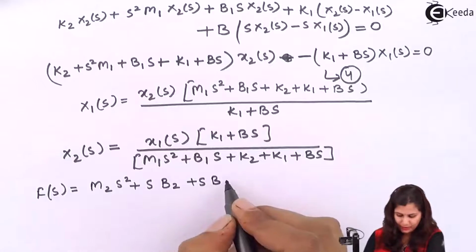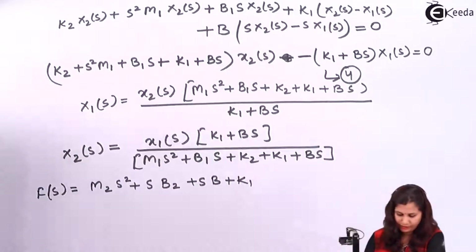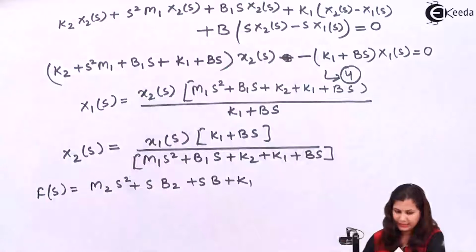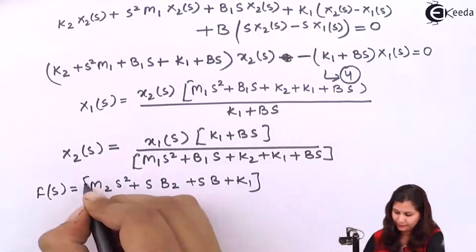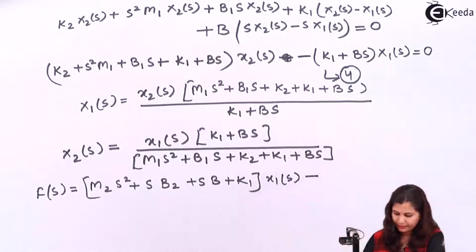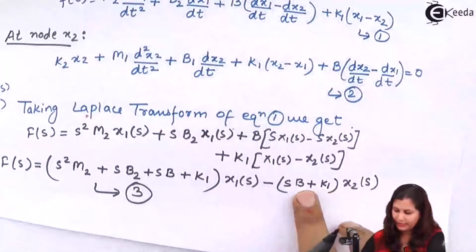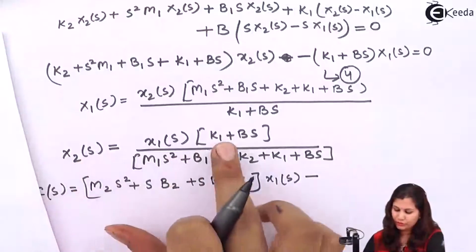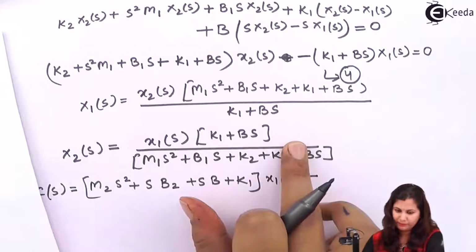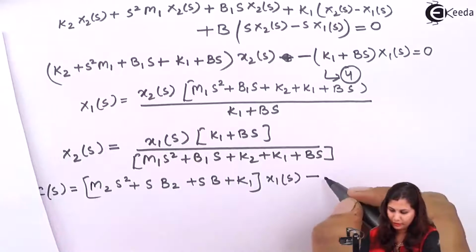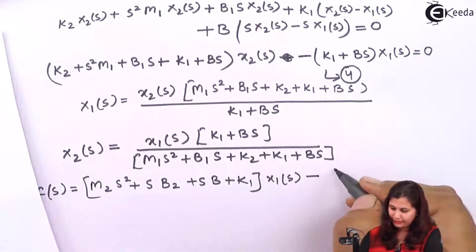plus sb and plus k1. We were having this. Okay, then X1(s), and then minus we have this k1 plus bs into x2. So in this x2 term we were having k1 plus bs also, so it will come in square. Okay, so we have this as minus.